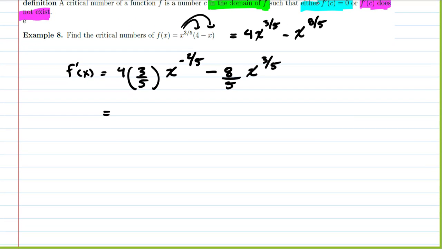So that gives us 12 over 5x to the 2/5, take away 8x to the 3/5 over 5.